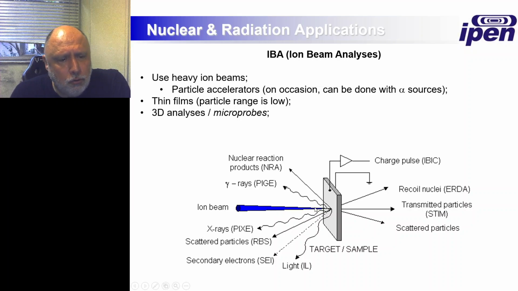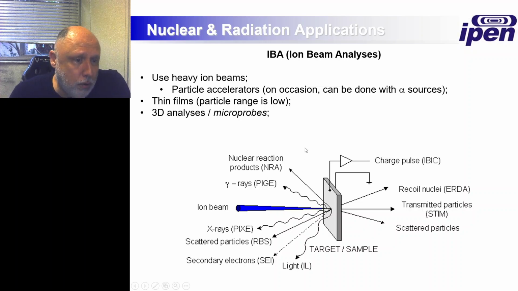So you can also check the particles from the beam that are scattered here. This is RBS, Rutherford backscattering, right? And by the angle of scattering and how much energy is lost in the scattering, you can know something about the composition of the sample too. If the energy is high enough to have nuclear reactions there, then you may have gamma rays, and then you have PIGE, which is particle-induced gamma ray emission.